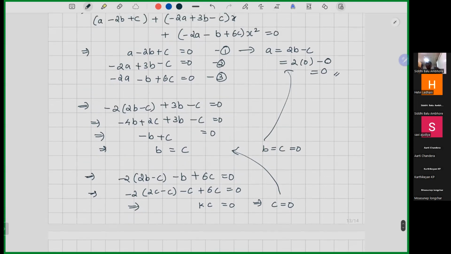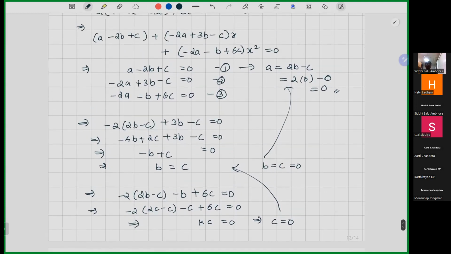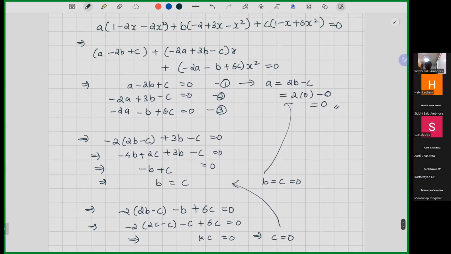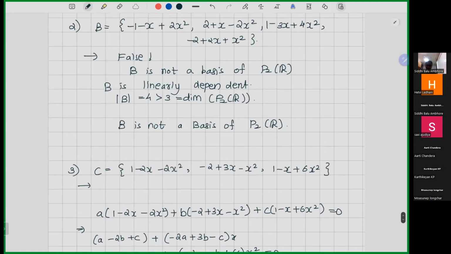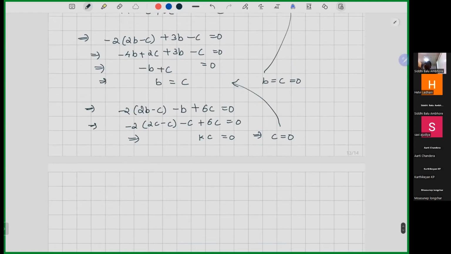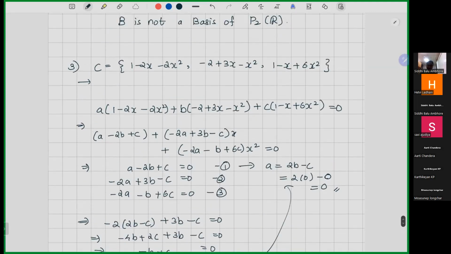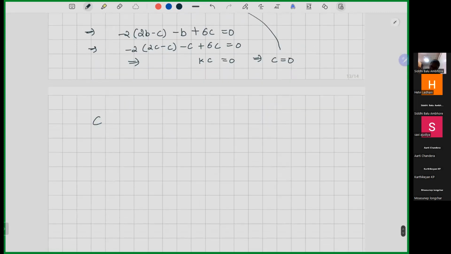So as Hetvi said, you can just add these two equations, and whatever equations you get, just simplify them. And you can also do something like this to get the linear independence or dependence or coefficients for the basis. Okay, so C is a linearly independent set here.